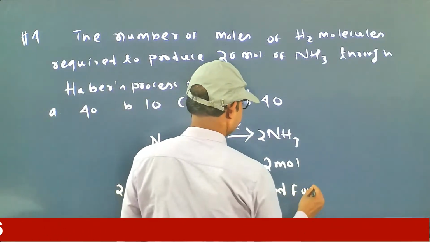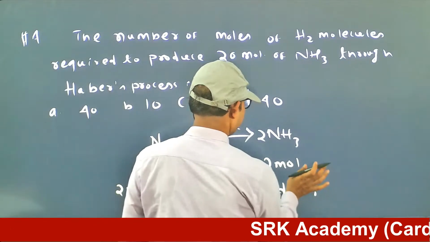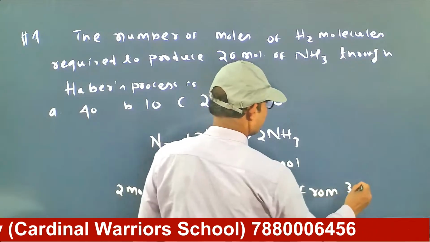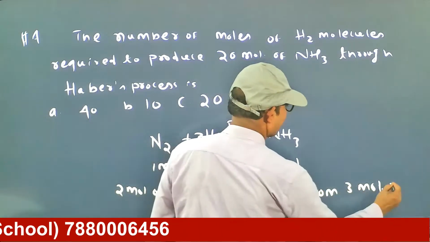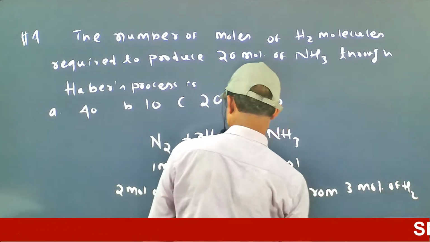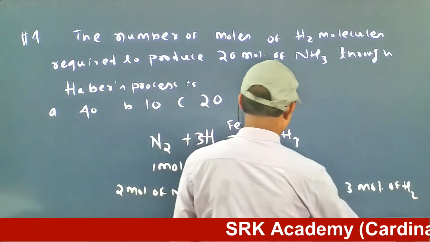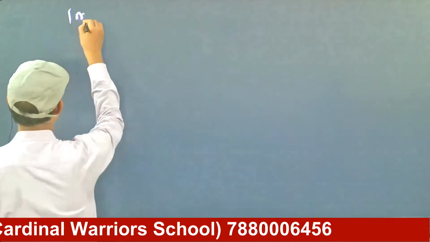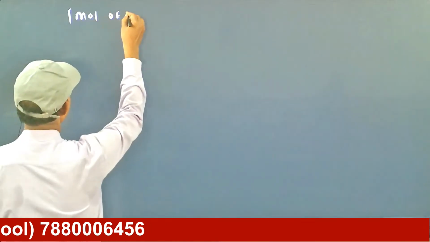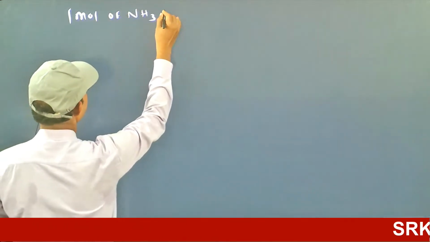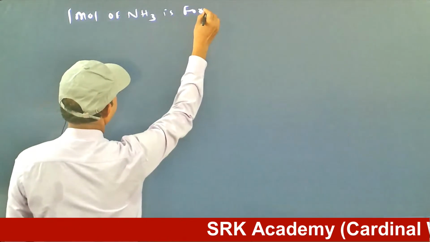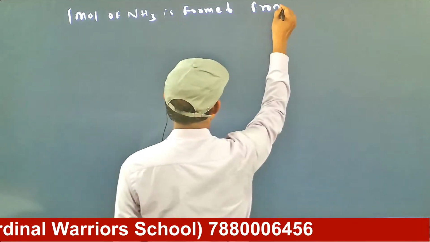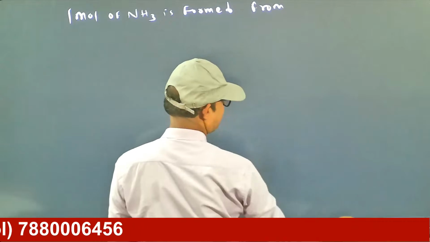are formed from 3 moles of hydrogen, right? So 1 mole of ammonia is formed from how much?